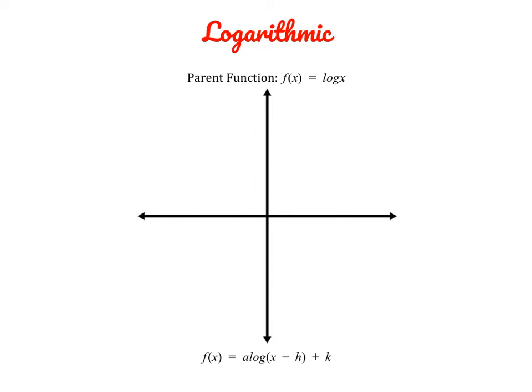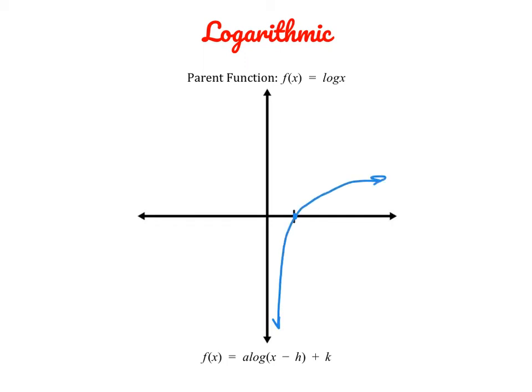So any logarithmic function is going to go through the point (1, 0), because if you have the log of 1, any log with any base of 1 will always equal 0, because any base to the power of 0 equals 1. That's how logarithms work. So you're going to have something that looks generally like this.